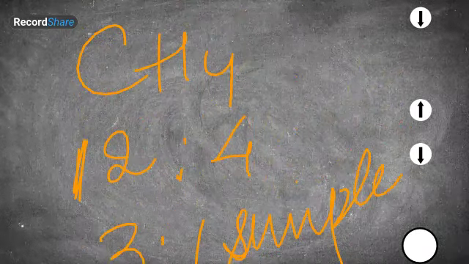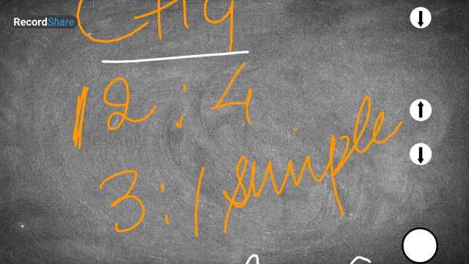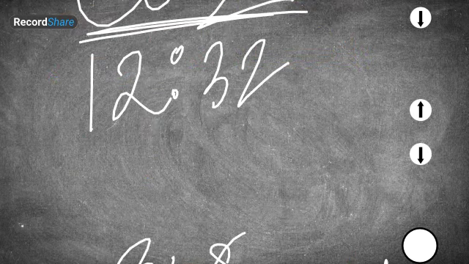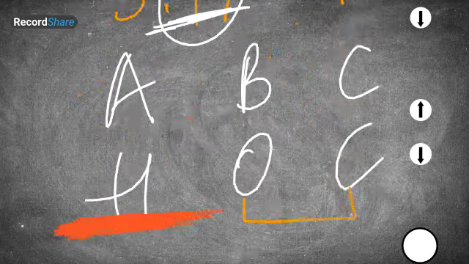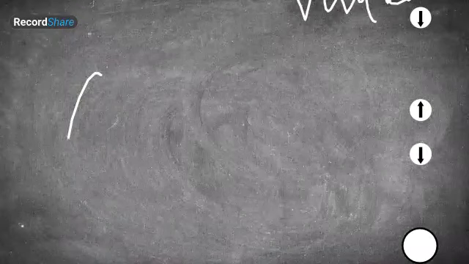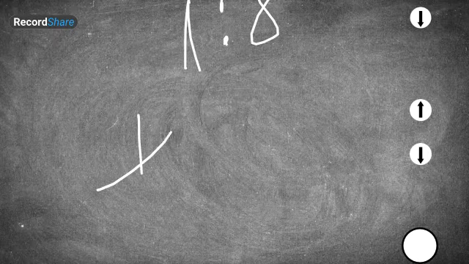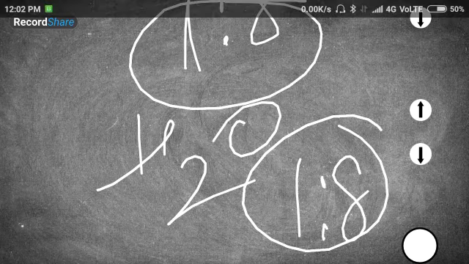In the case of CH4, we have hydrogen in the ratio of 1. And in the case of CO2, the carbon to oxygen ratio is 8. So here we have hydrogen 1 and oxygen 8, with C fixed at 12. So the H to O ratio is 1 is to 8. And when they combine to form H2O, their ratio is also 1 is to 8. This means that the law is verified.